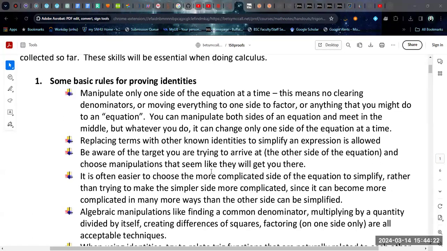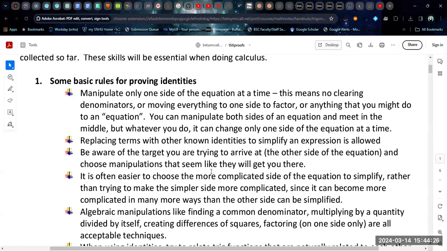So you can only change one side of the equation at a time. These are not actually equations in the sense that we don't know that they're equal to each other. We're trying to establish that. So no clearing expressions, no moving everything to one side.